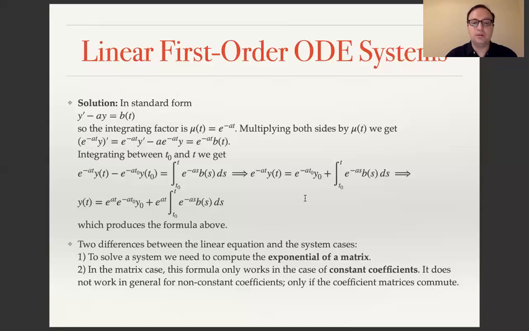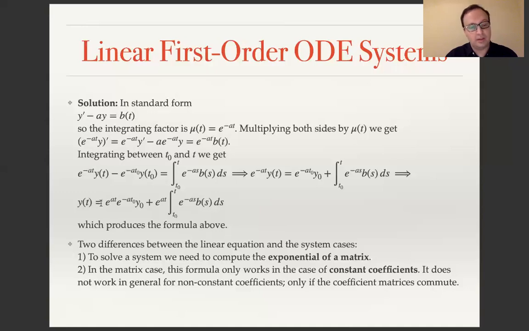So in order to get y of t, we multiply both sides by e to the at, which cancels e to the minus at on the left. So I get that y of t is equal to e to the at e to the minus at0 times y0 plus e to the at integral from t0 to t e to the minus as b of s ds.